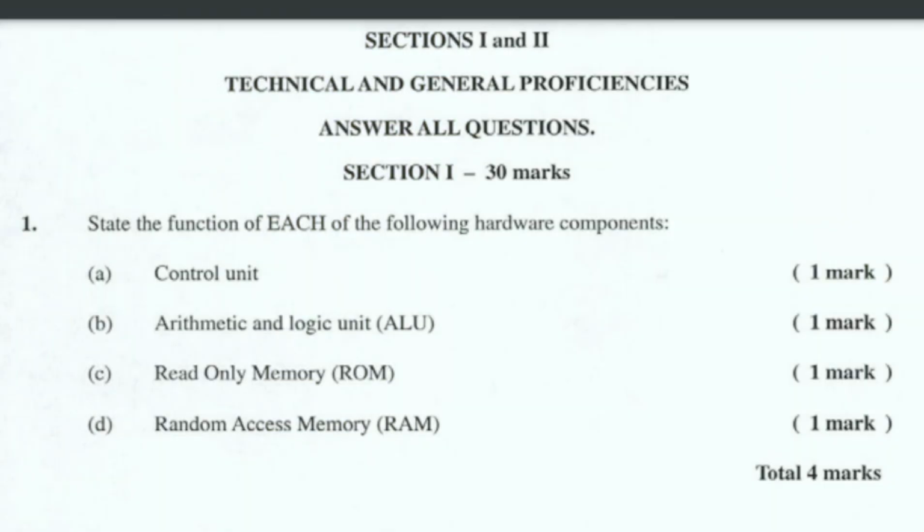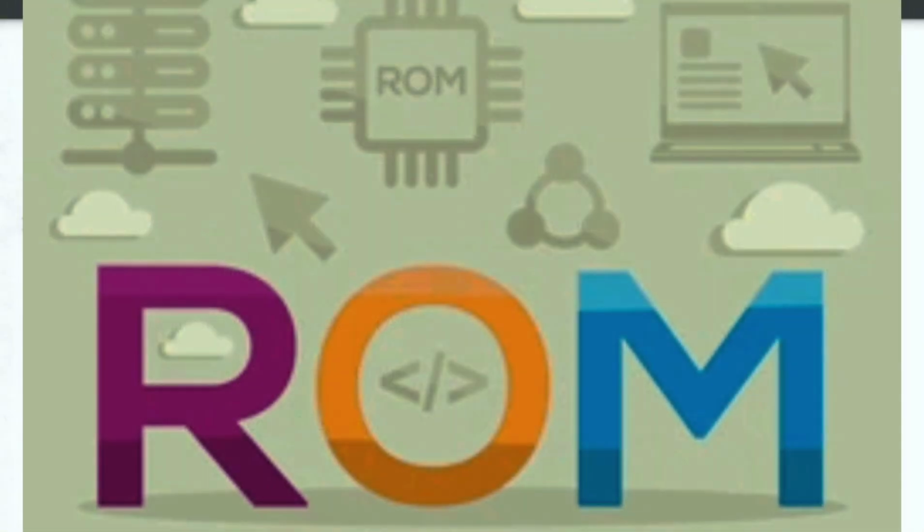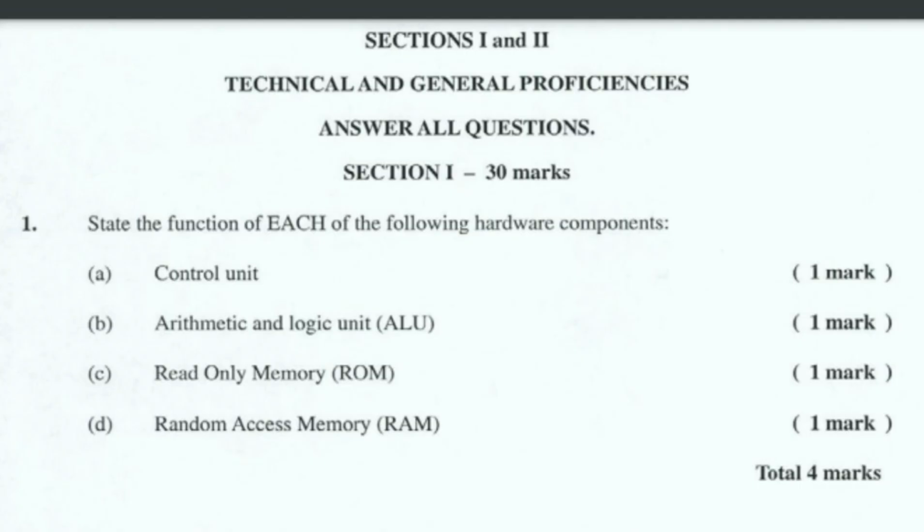C, read-only memory. This is what we call ROM, R-O-M. What is that? Now, the ROM, read-only memory, is required for those permanent instructions that the computer needs that do not change. So for example, there is an instruction that the computer executes when you press the power button.